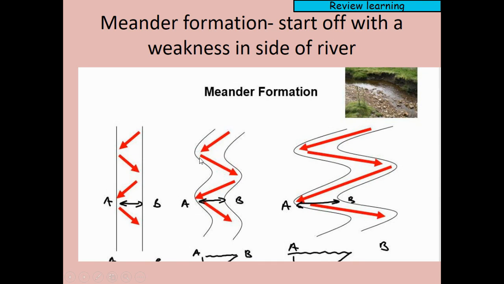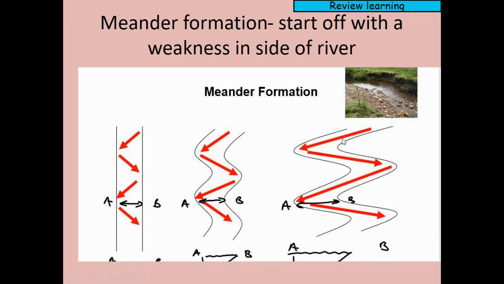So you have erosion on the outside of the bend where the Thalweg is. Remember, Thalweg, which is the fastest flow of water, and that is on the outside bend of the meander.